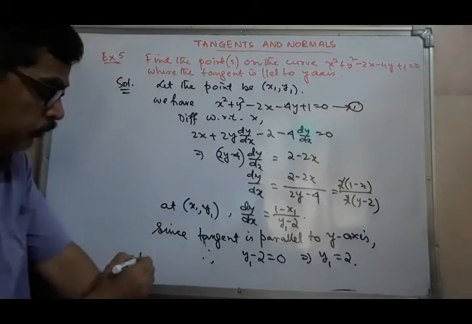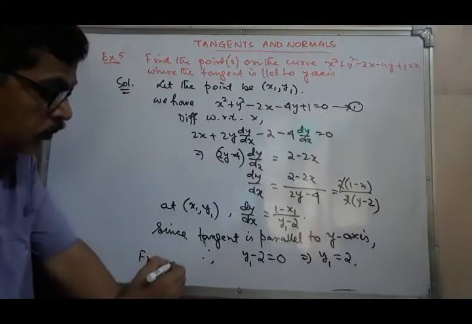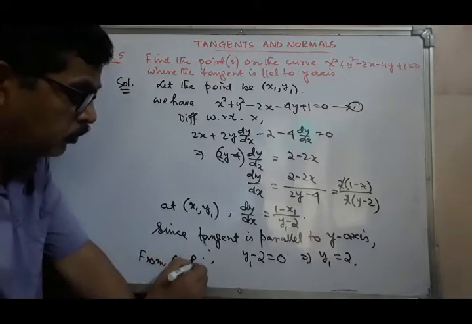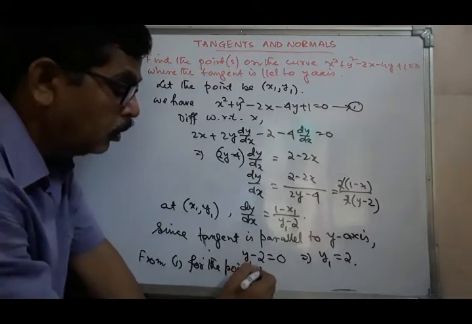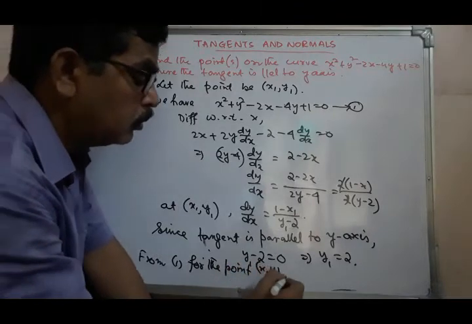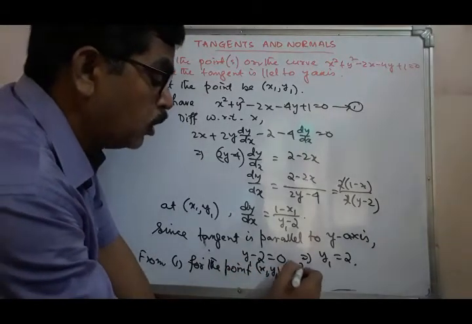Okay, from equation 1, for the point x1 y1, x1 square plus y1 square minus 2x1 minus 4y1 plus 1 equal to 0.